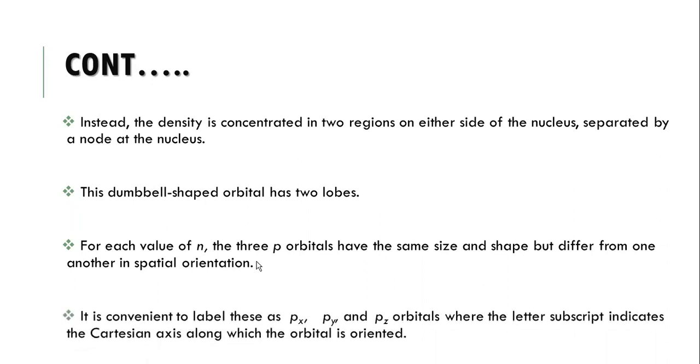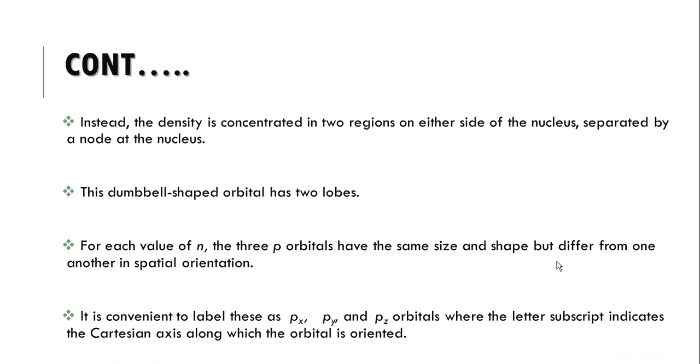Therefore, it is convenient to label these as Px, Py, and Pz. The subscript indicates the Cartesian axis along which the orbital is oriented.